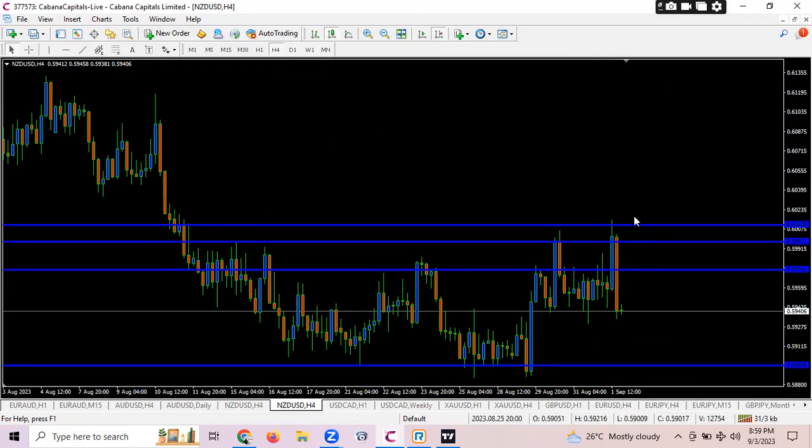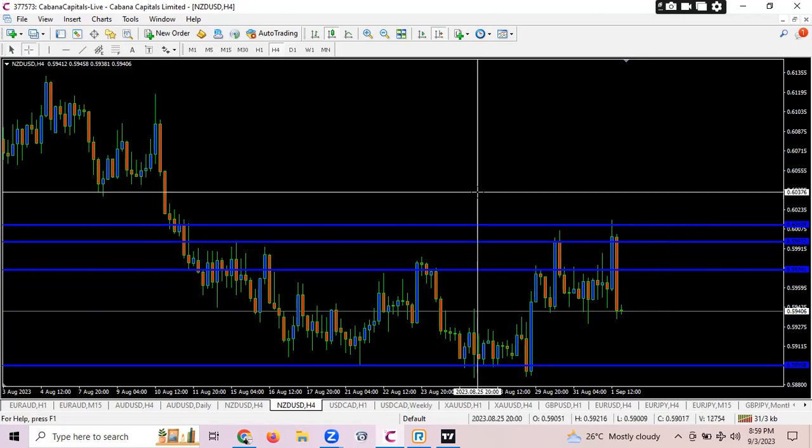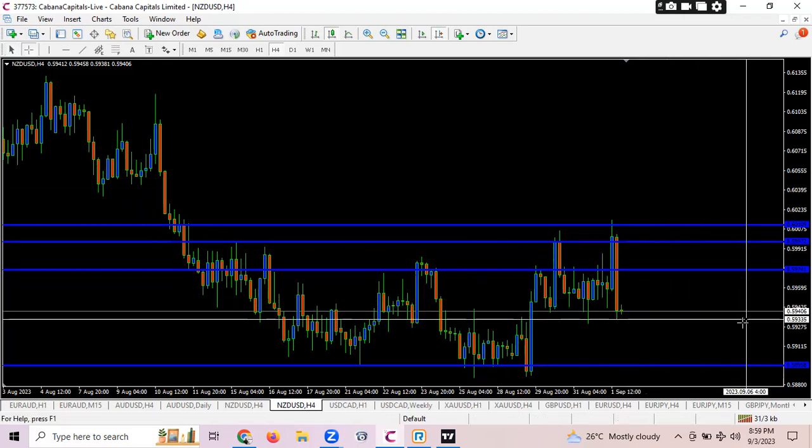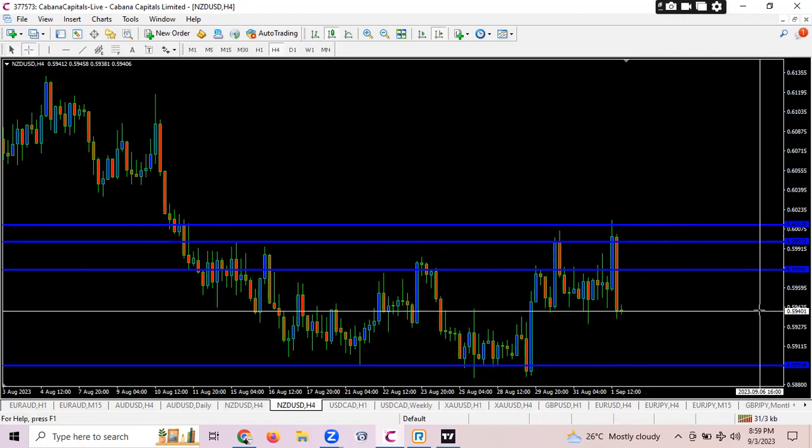So you should wait for a candle to break out from this resistance. But if you calculate the pips, the current market price is 5940. The entry from this is about 74 pip risk.